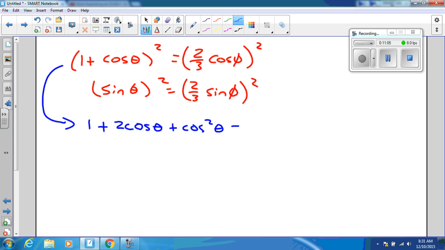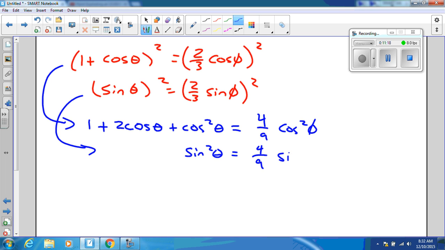Welcome back. When I square this side, I get 1 plus 2 cosine theta plus cosine squared theta equals, on this side, 4/9 cosine squared phi. And for the bottom equation, I get sine squared theta equals 4/9 sine squared phi. You may have noticed that I wrote the sine squared directly underneath the cosine squared.